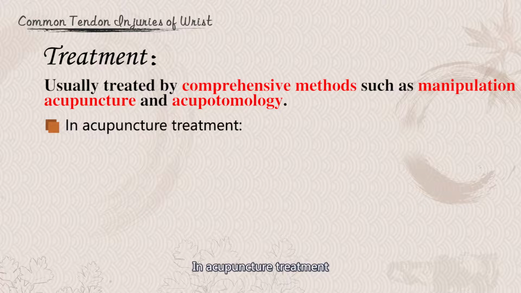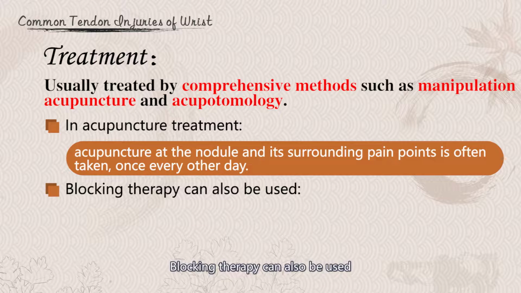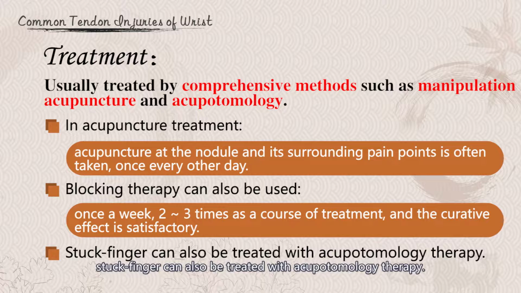In acupuncture treatment, acupuncture at the nodule and its surrounding pain points is often taken once every other day. Blocking therapy can also be used once a week, 2 to 3 times as a course of treatment, and the curative effect is satisfactory. Of course, stuck finger can also be treated with acupotomy therapy.